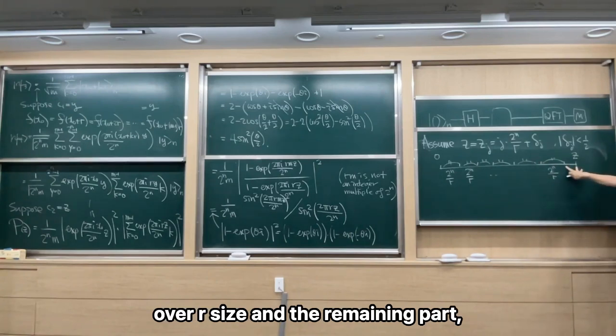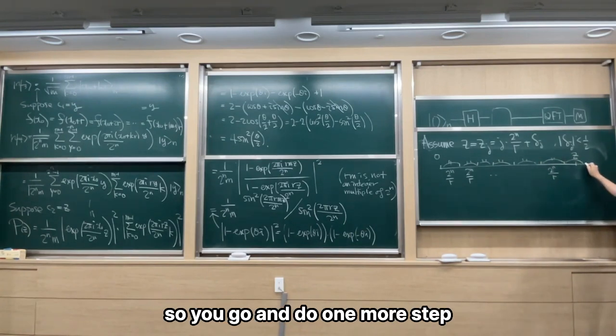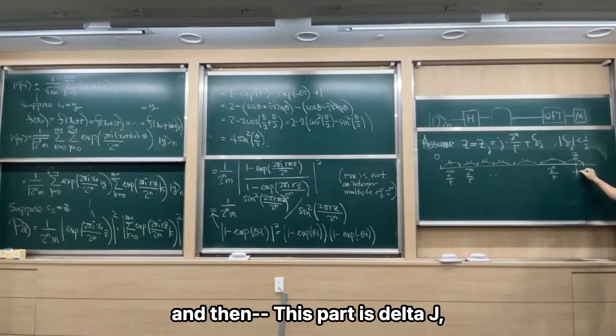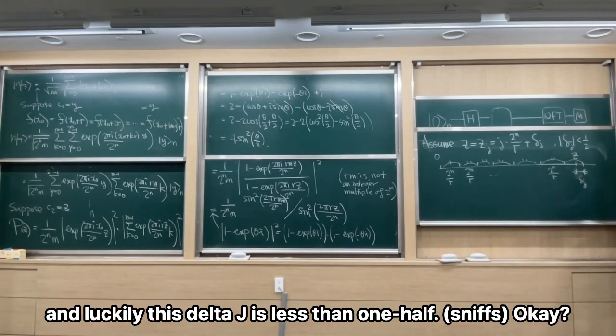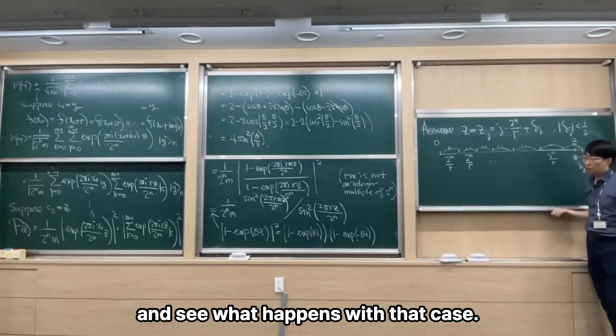And the remaining part, maybe this is too big, so you went one more step. Then this part is delta_j, and luckily this delta_j is less than 1/2. Okay? So let's assume that and see what happens in that case.